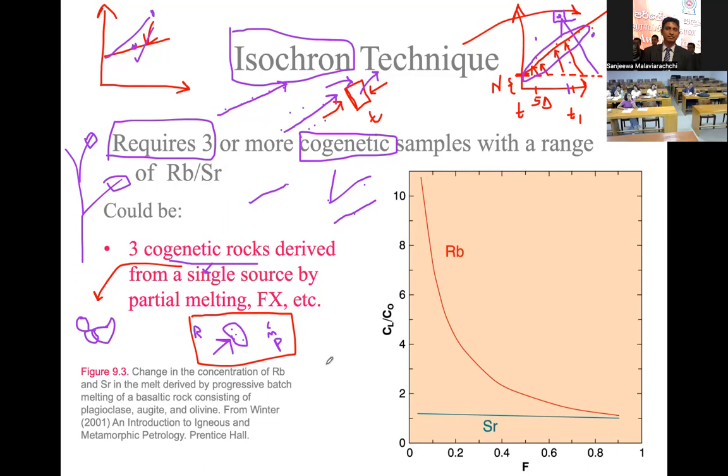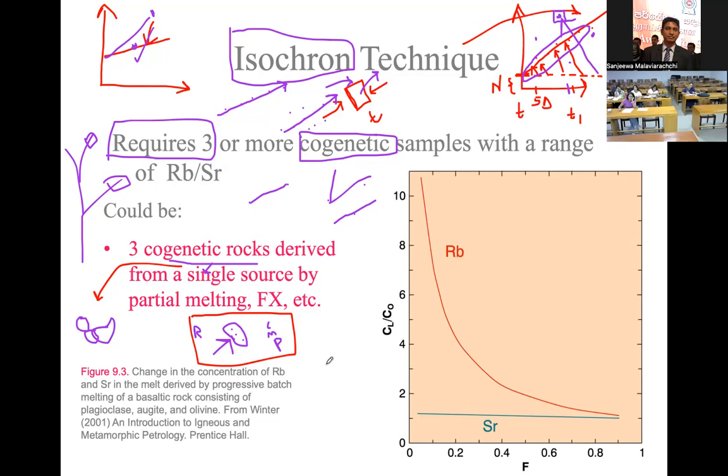So, within one single rock, the minerals should have crystallized from one source. That's the thing, right? So in that case, you will get an age for one rock separately, another age for the second rock, and a third for the third rock. You might still get the same ages if they are cogenetic. So this is the importance of the cogenetic samples you have to consider for isotope dating.